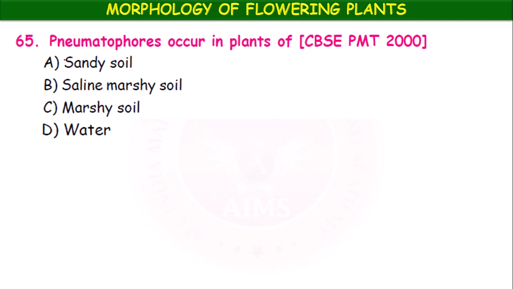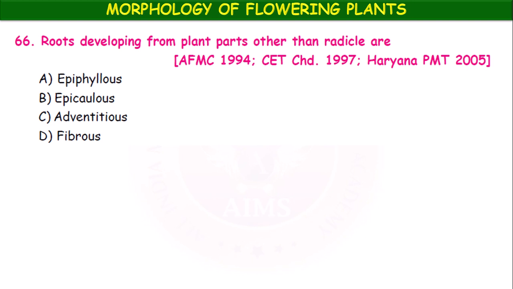Pneumatophores occur in plants of sandy soil, saline marshy soil, water. It is the marshy soil. Example, mangroves. Roots developing from the plant parts other than radicle are called epiphyllous, epicaulous, adventitious, fibrous.